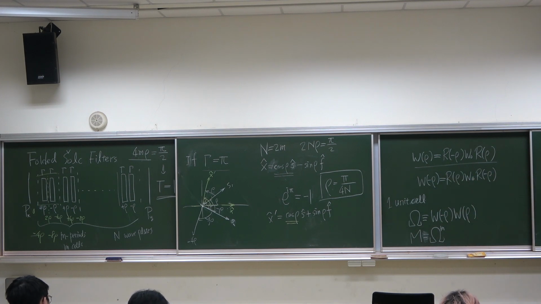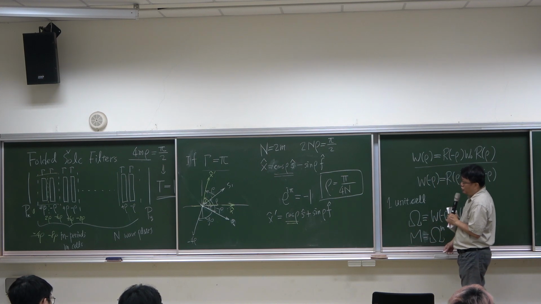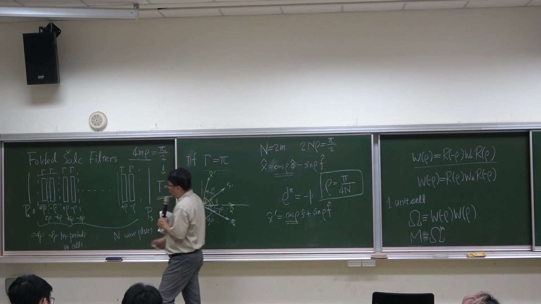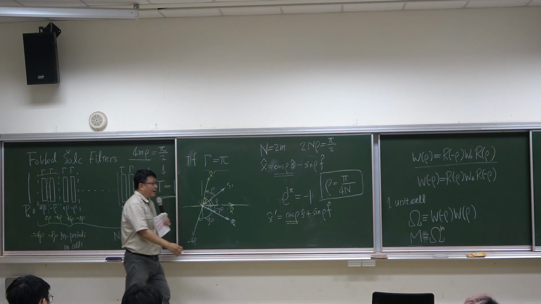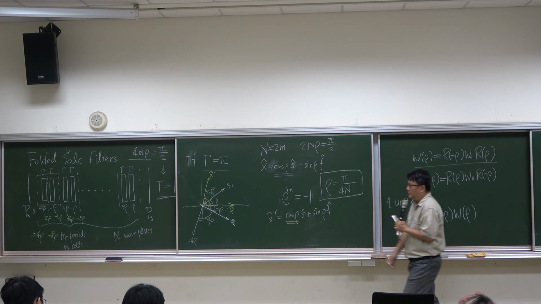Okay. So once we know how to calculate this matrix, then combined with the matrix representation of polarizers, we can calculate the transmission of light. Okay?